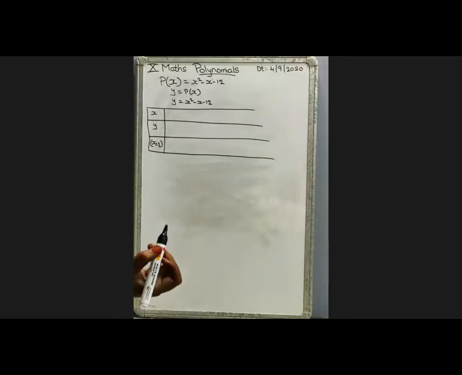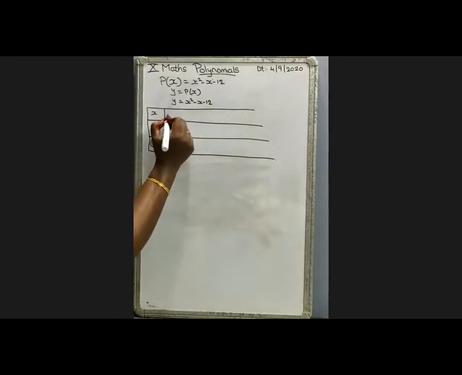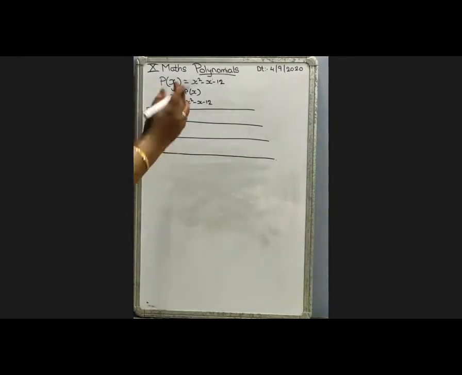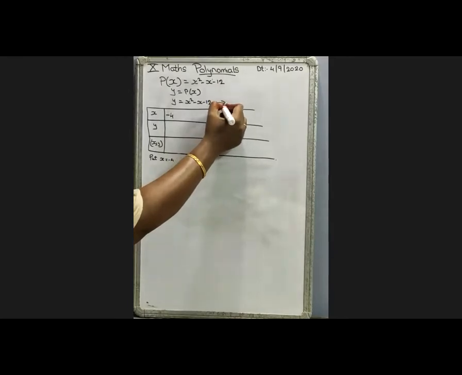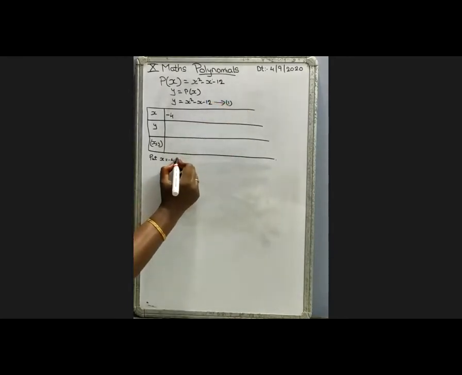See here. Suppose -4, I am taking. From -4 onwards I will do. Now substitute in the equation. Put x equal to -4 in equation 1.